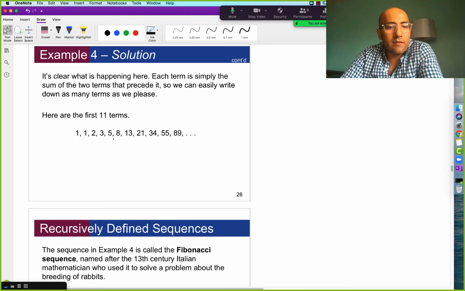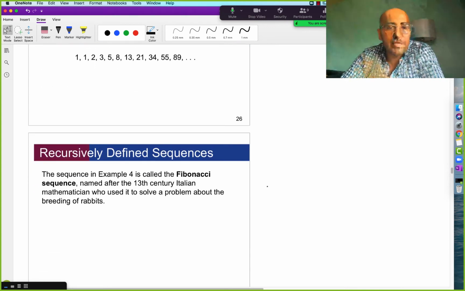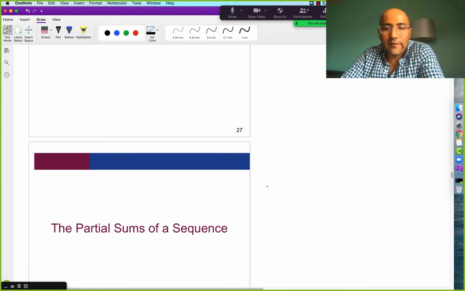Because they'll grow in this way, say just out in nature, until they run into a problem. So if they run out of food, they run out of space, or a predator comes in, or a virus or something, then their population will decrease, right? But anyway, there are a lot of things that the Fibonacci sequence can be applied to.